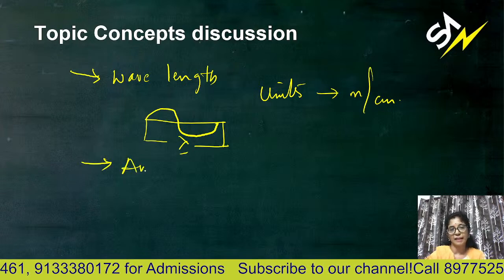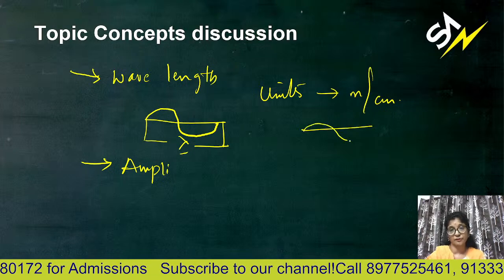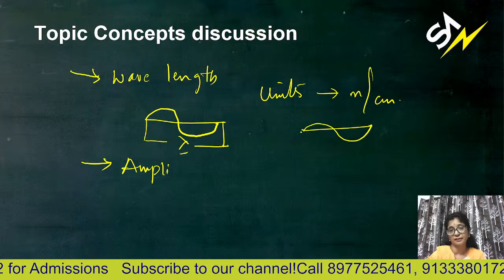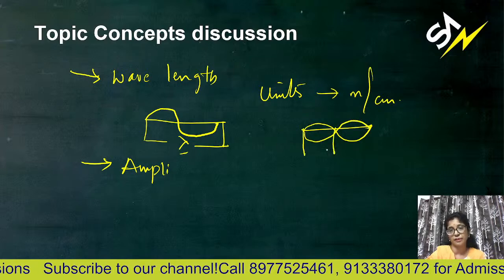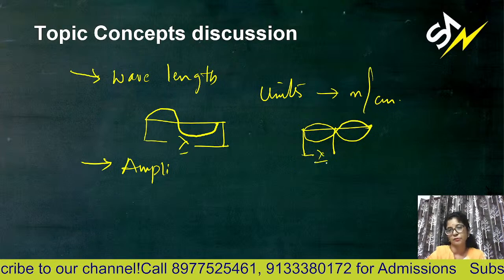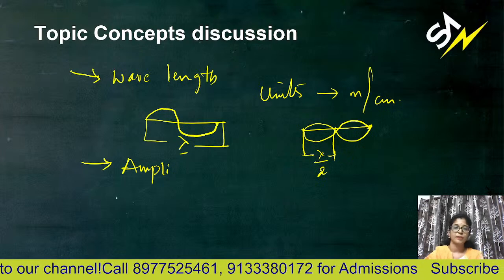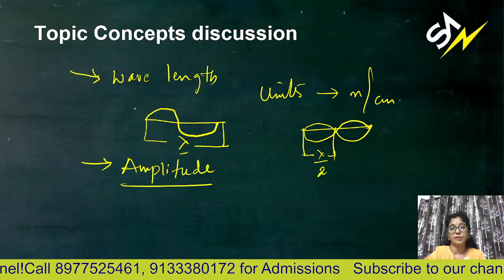And then next we have amplitude. When it comes to stationary waves, from one node to another node, or one antinode to another antinode, this is lambda by 2. The next physical quantity which describes the wave is amplitude.